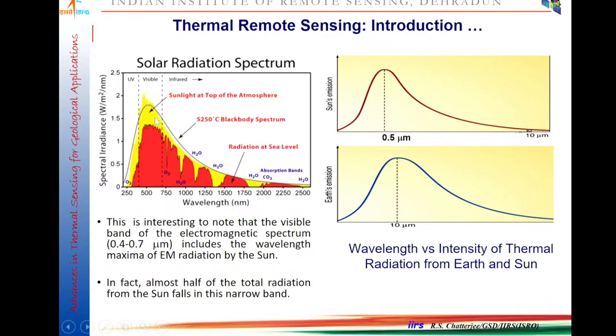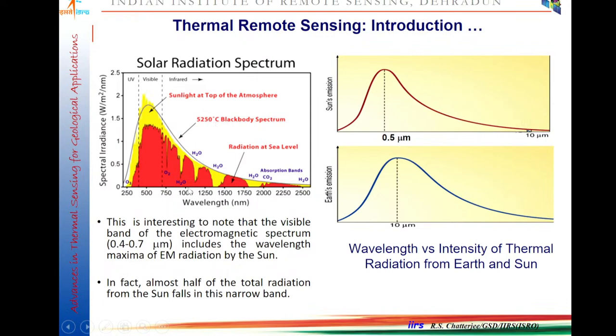So the solar radiation spectrum at the top of the atmosphere and this blackbody spectrum at 5250 degrees Celsius are very much in agreement. They are very close to each other. What does that mean? It means that the temperature of the sun is very close to 5250 degrees Celsius.